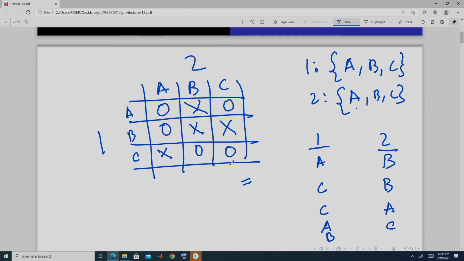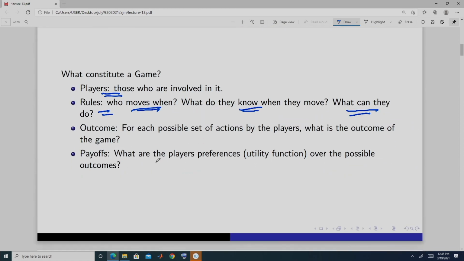So, what is going to be the outcome here? If all 3 match in any line, this way or this way, then we say a player wins, and if it does not match, then we say no one wins. In that way we have to define the outcomes.